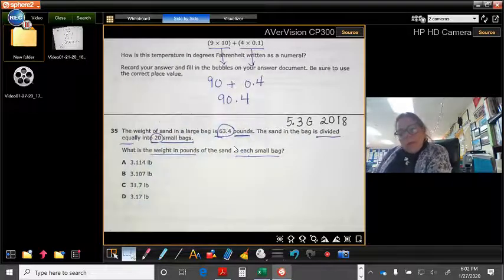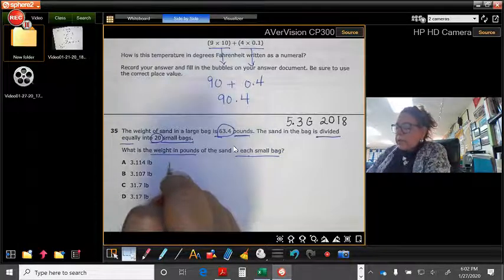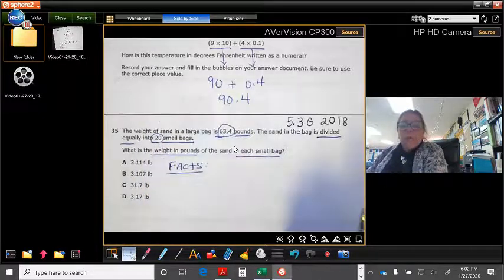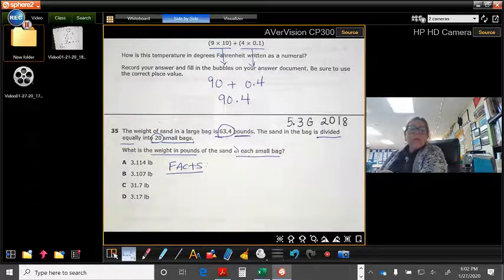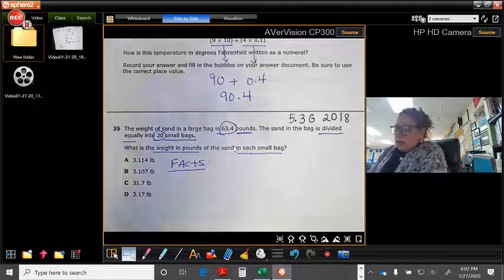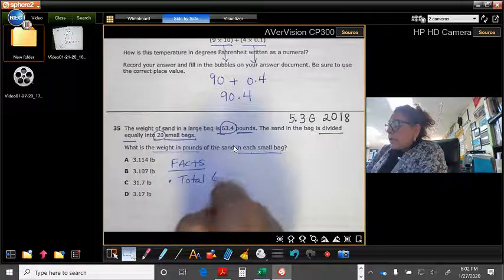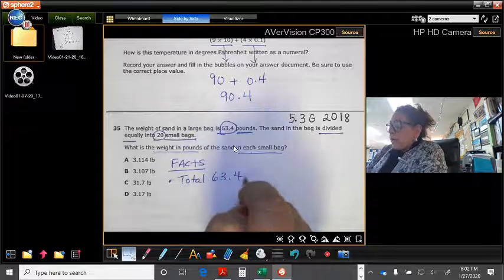All right, remember that in class we were talking about that when we're solving it, we need to write down the facts. So if you see here, I'm writing down facts. And so what is it that I know about my story? I know that I have a total amount of 63 4/10 pounds of sand.